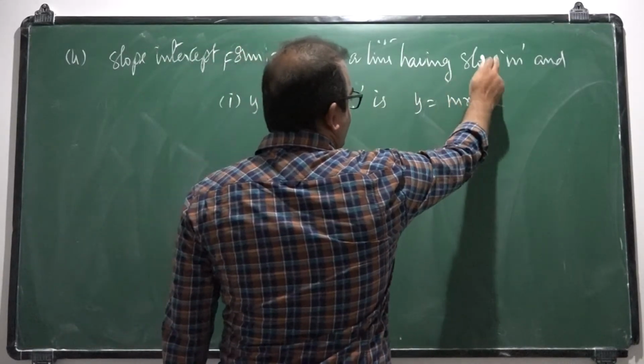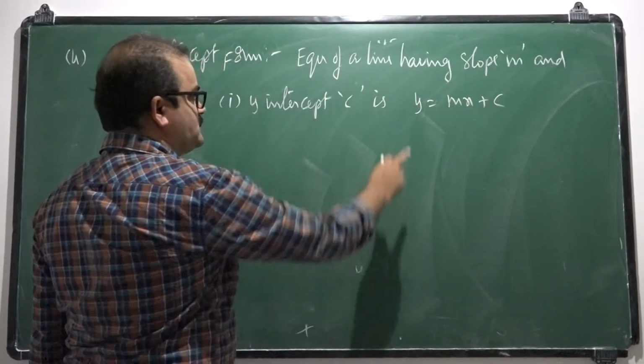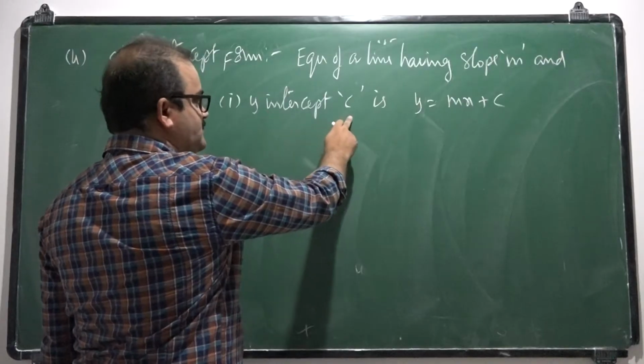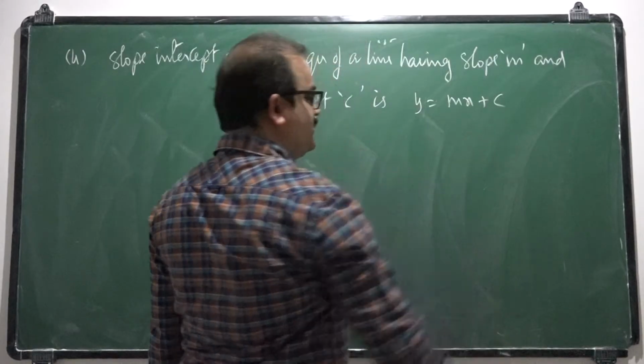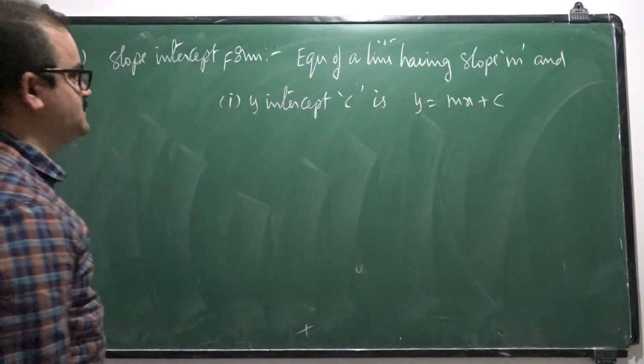Equation of a line having slope m, slope is given and y-intercept is given, then equation of that line is y is equal to mx plus c.